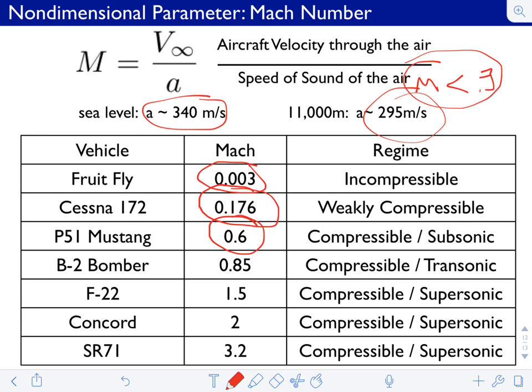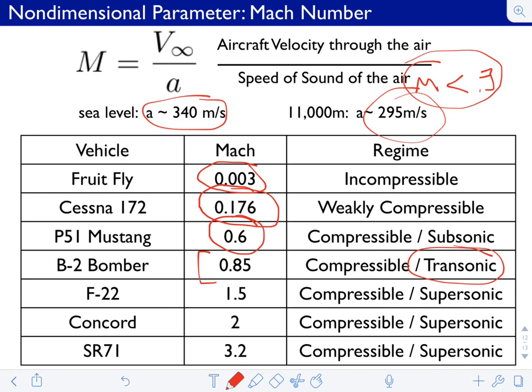Once you get up to the next regime, I put a B-2 bomber here, but this could easily be any commercial aircraft that flies. In modern aircraft like a B-2 bomber or a 777, you're in the low to mid Mach 0.8s, and these are considered transonic because there are portions of the aircraft that are experiencing supersonic flow, namely the flow over the wings.